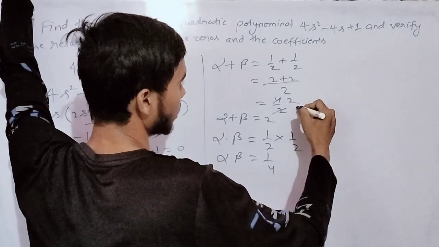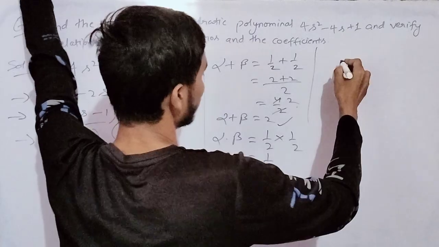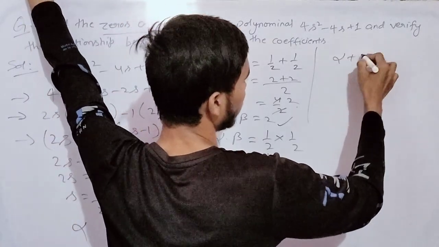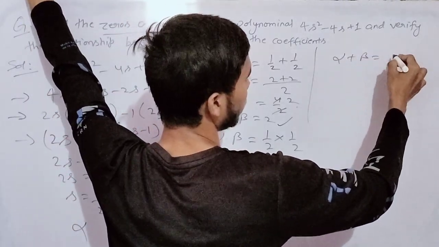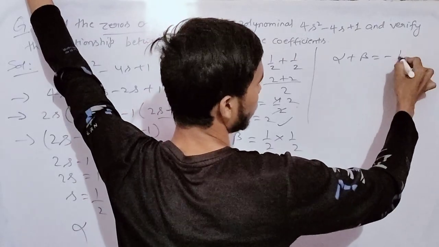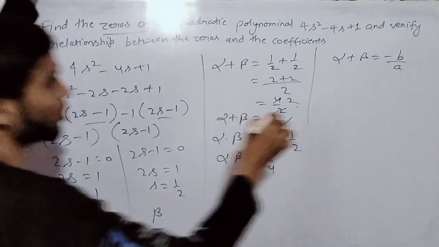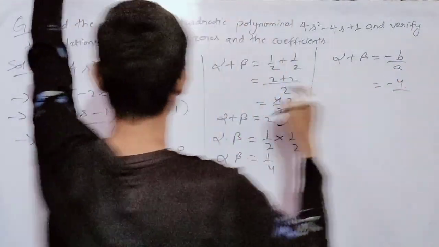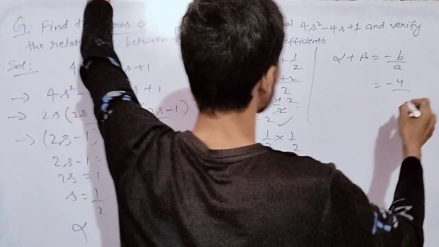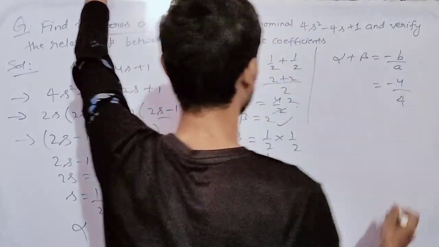Now we can find this by doing it like that. Minus b upon a. Here b is minus 4 and a is 4. What does that mean?